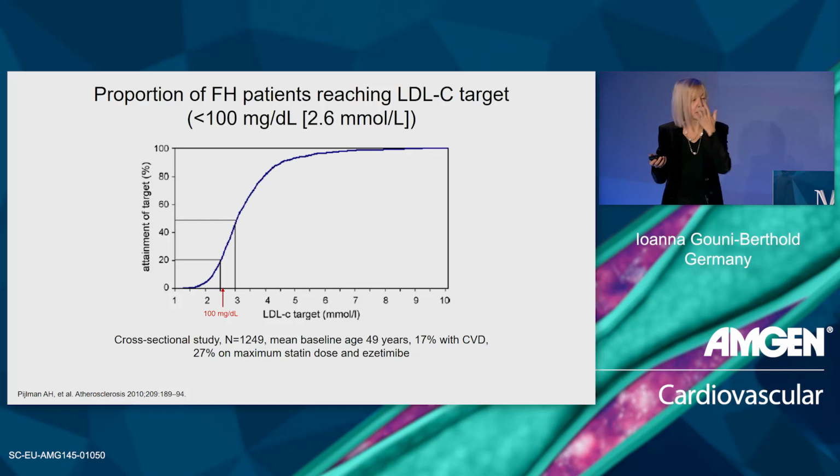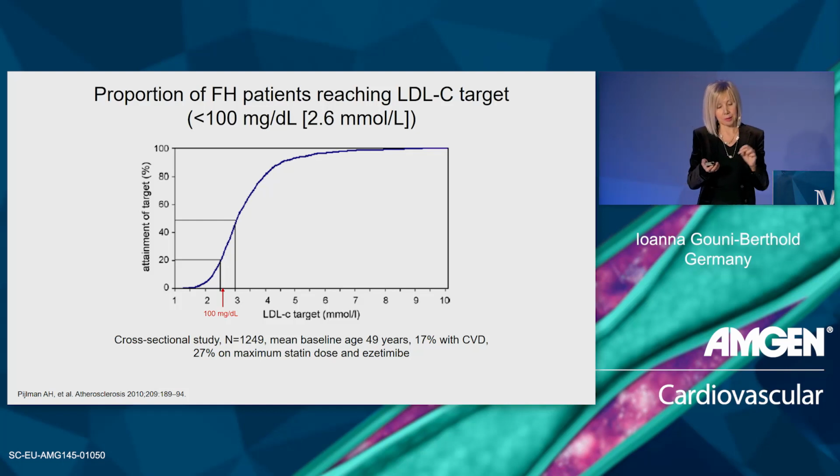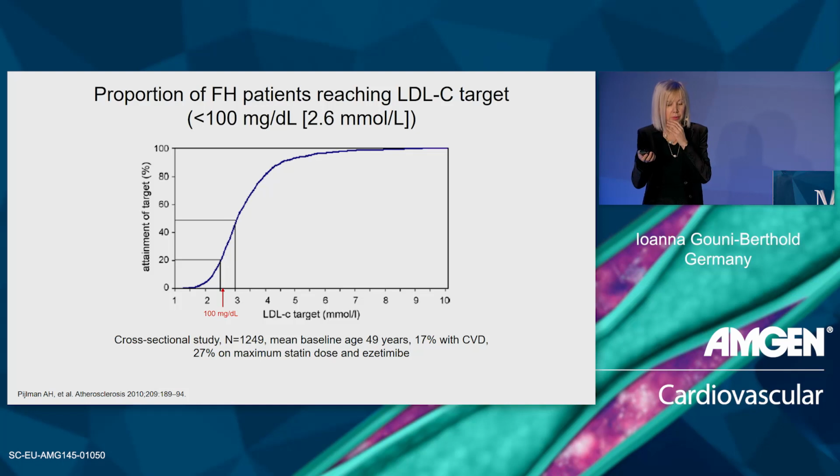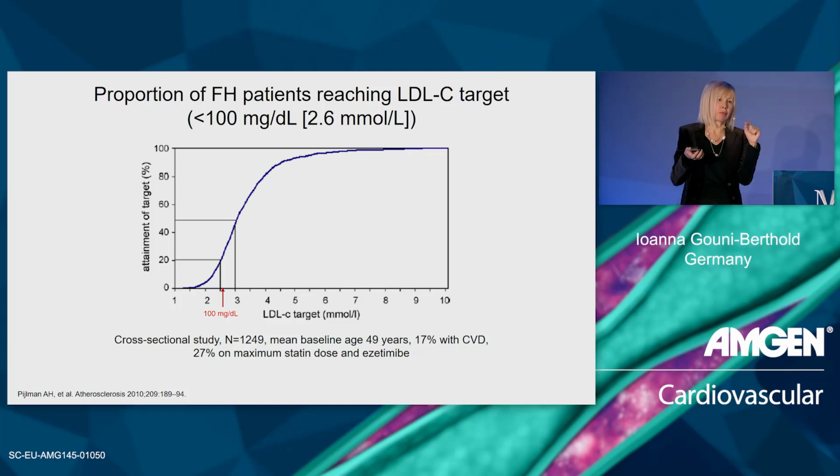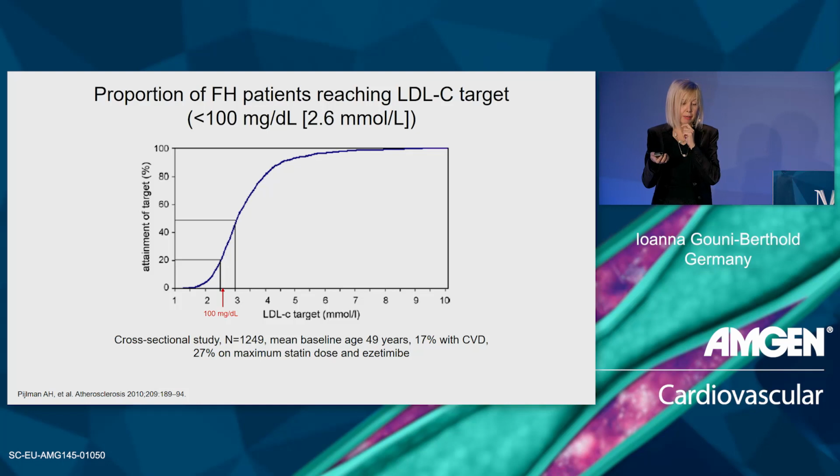Of course, reality is always a little bit more depressing than nice papers, and this is a study from the Netherlands. This is a cross-sectional study, 1,200 individuals with FH, and they found that only 20% of the persons treated with maximum dose statin and ezetimibe reached their goal of less than 100 milligrams per deciliter.